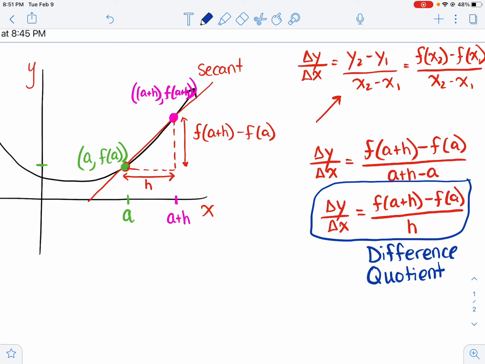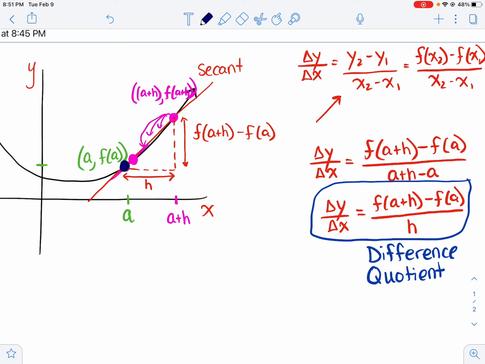So as our interval gets smaller and smaller, we can better estimate the rate of change at one point. So let's say we're trying to find the rate of change just at this point. The secant gives us a good estimate, but the closer that pink point gets to that blue point, the closer and closer and closer it gets, like if it was right beside it, that would give us a better estimate of the instantaneous rate of change at point A here.